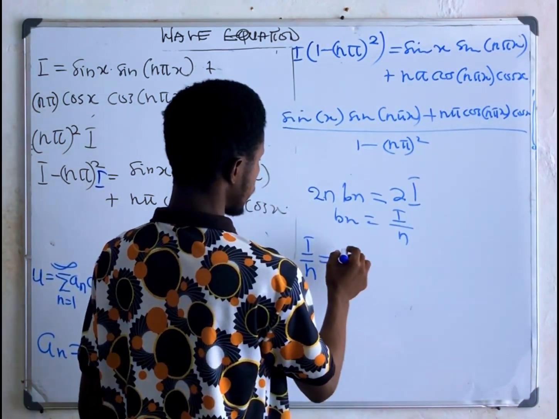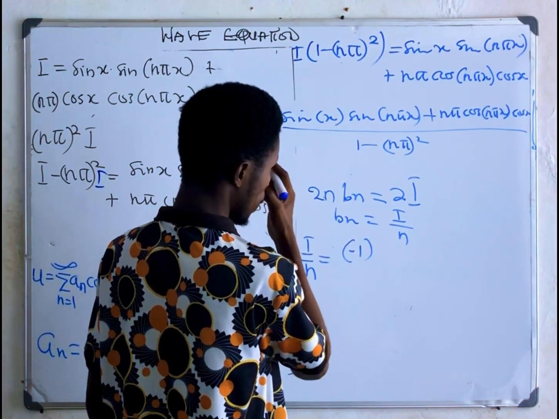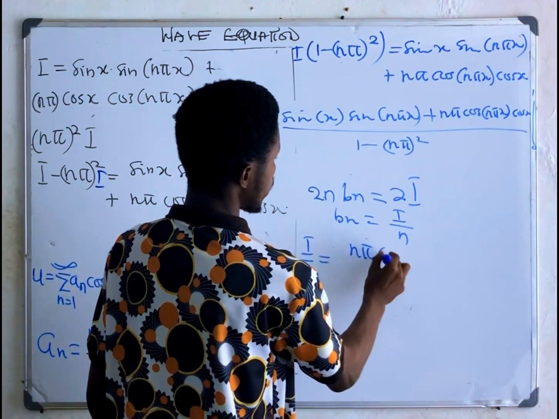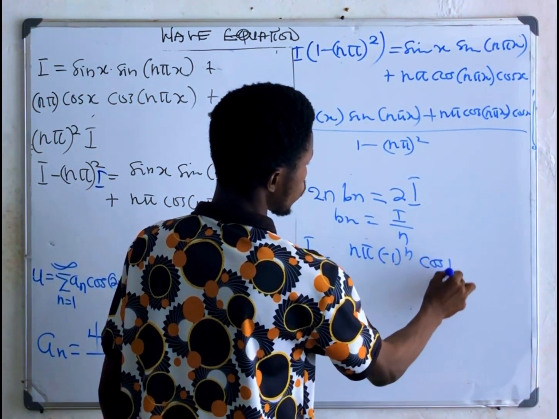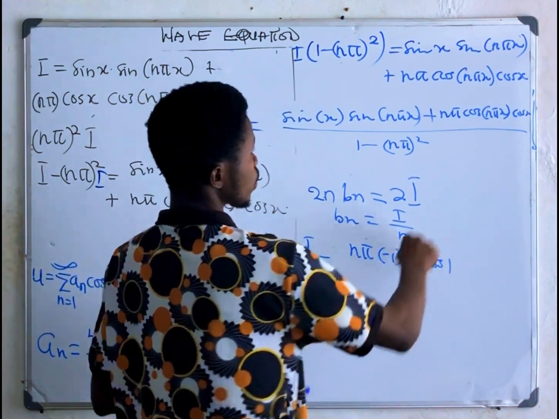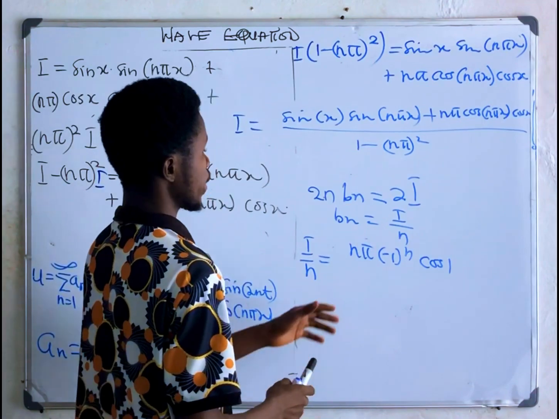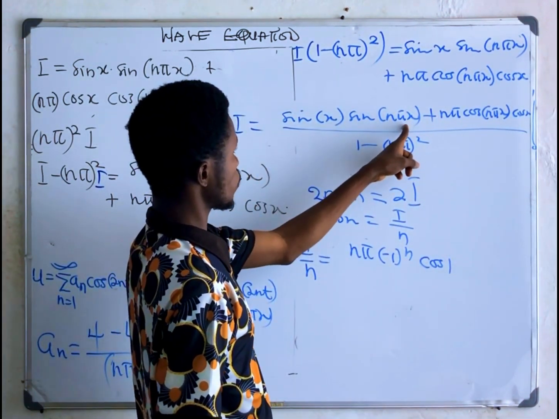So here I'm going to have n pi negative 1 to the power n cos 1, because this is cos 1 x, minus, now if I put 0 here, sin 0, everything will be 0.